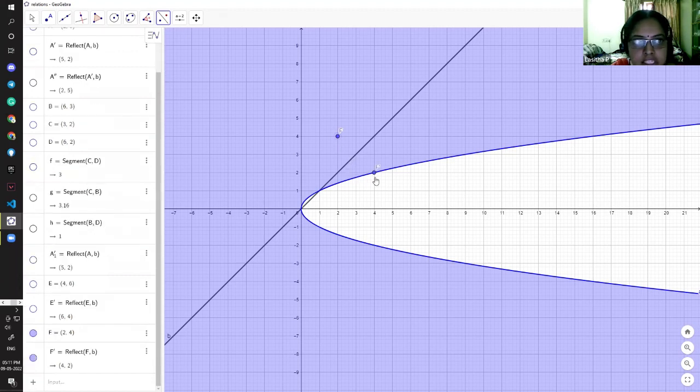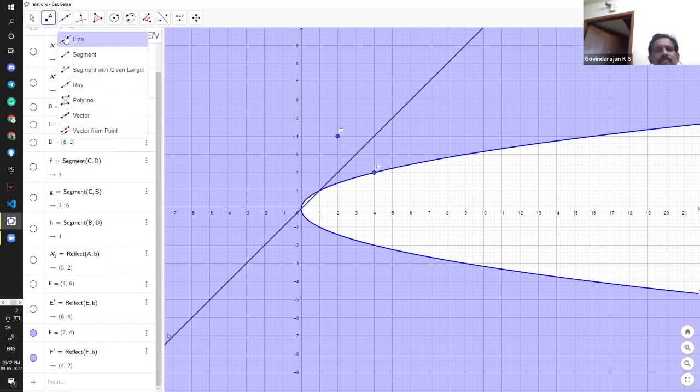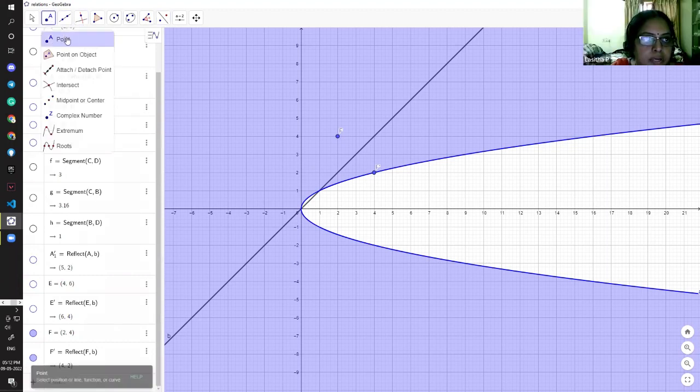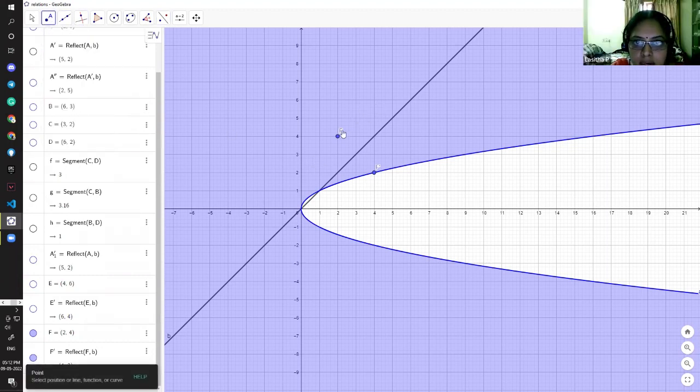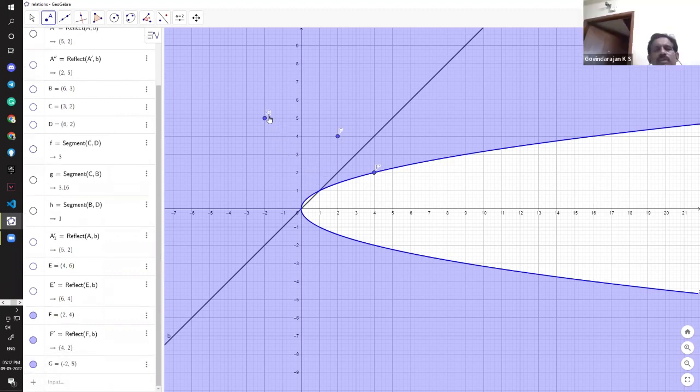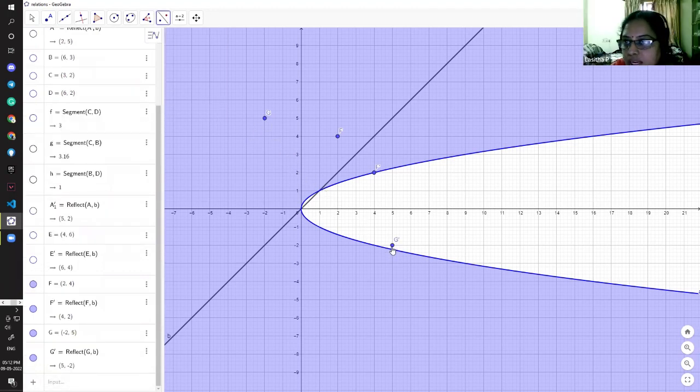Then this point F dash lies on the shaded region itself, so we cannot say that. Let me take another point, somewhere far off. If I take it here, the G dash lies outside. So that point can be an example for proving not symmetric.